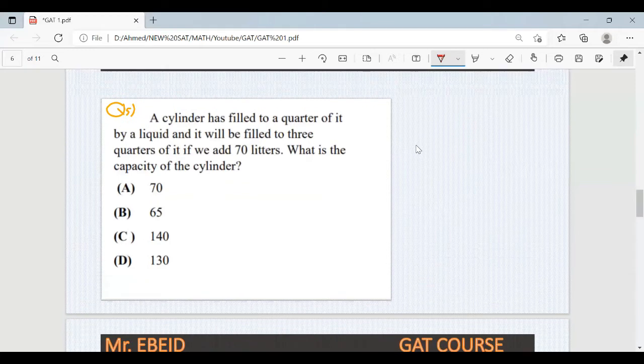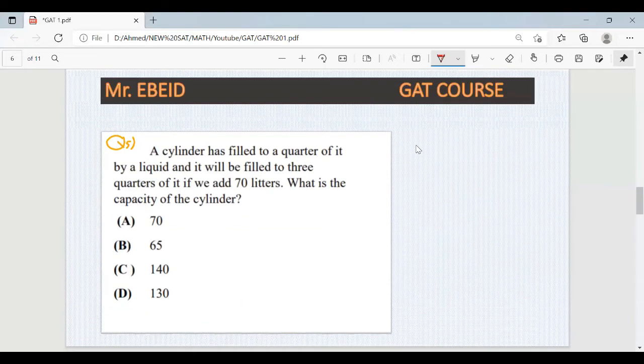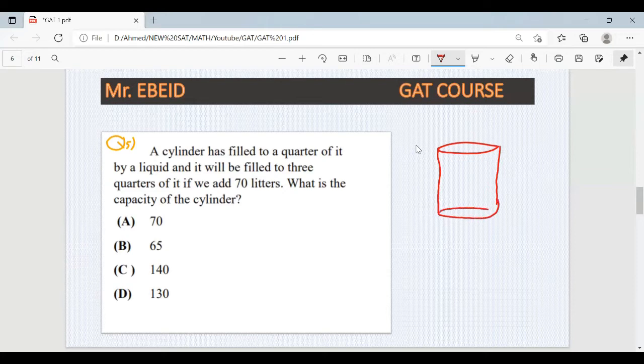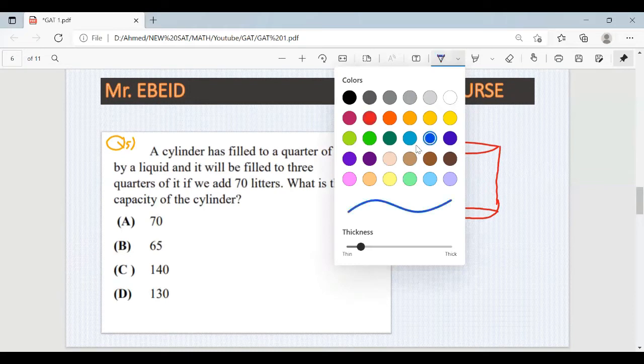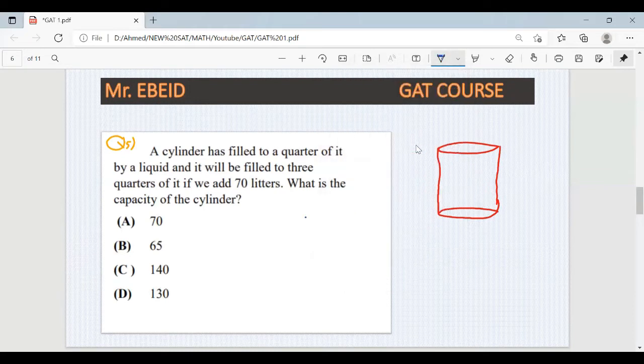Question 5. A cylinder is filled to a quarter by a liquid. Okay, if we have a cylinder like that, we will fill it with a liquid. It's a quarter, this is half, this is the quarter. Okay.